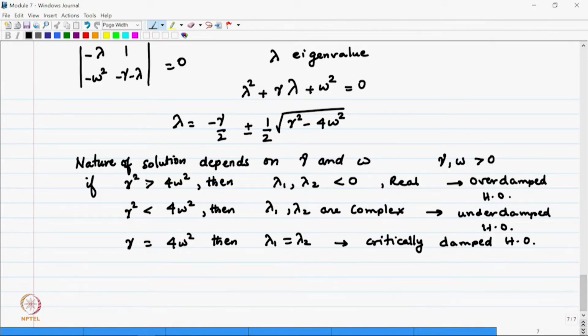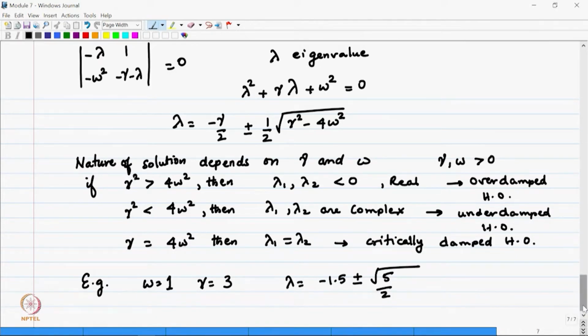I want to take the first case where gamma square is greater than 4 omega square. So, let me take omega equal to 1 and gamma equal to 3. Then lambda is equal to minus 1.5 plus minus root 5 by 2. This is 9 minus 4, that is 5.